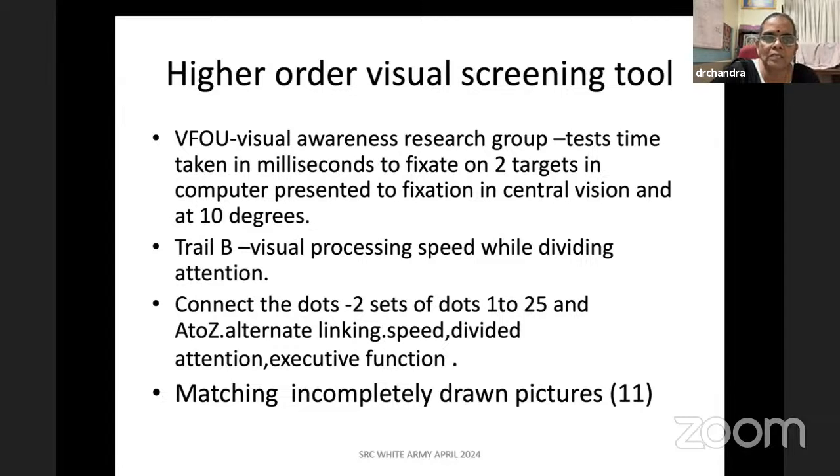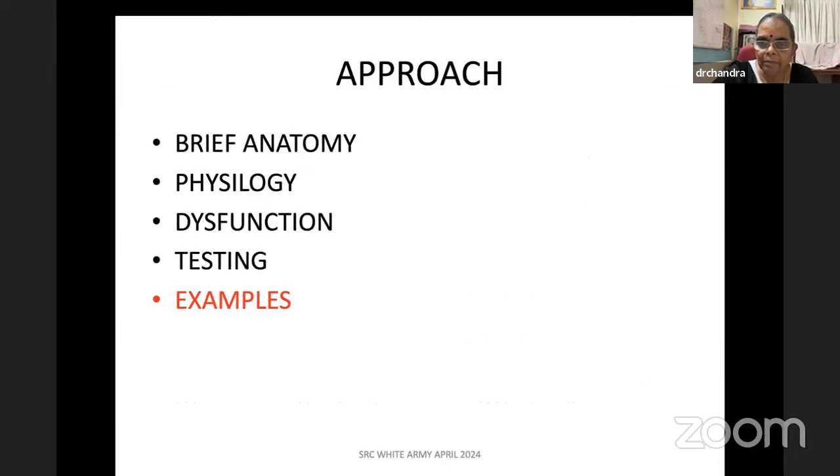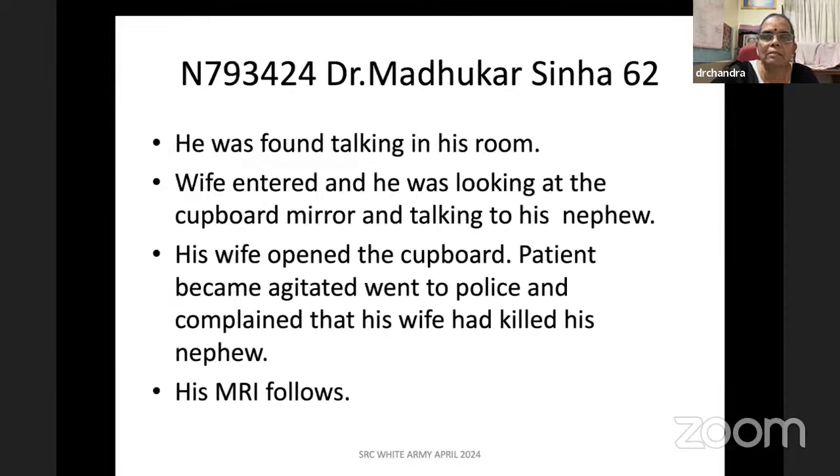They are very complex tests for visual scanning. And trial B is from letter to number connection. You can find out the time taken and how many circuitous routes are taken. They are categorized and compiled based on educational status and how much the time taken should be. So these are the testing methods.